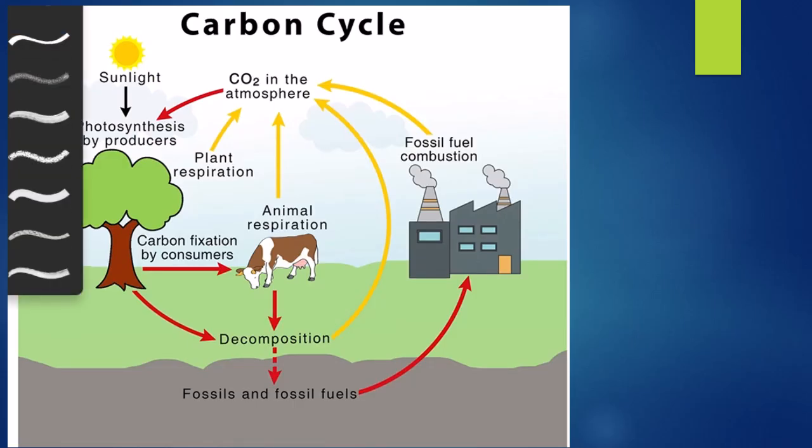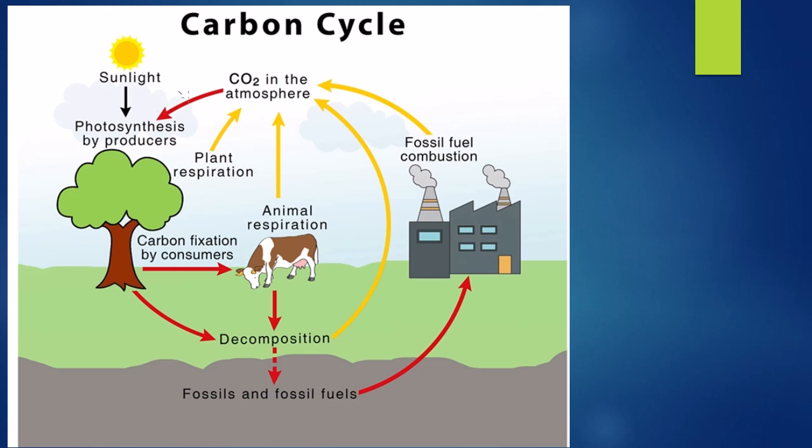Well, the natural cycle is, of course, that sunlight hits our producers, and our producers take CO2 from the atmosphere, and then we have carbon fixed here in the tree. Some of that carbon will then be eaten by consumers. In this case here, it's an animal in the marine.